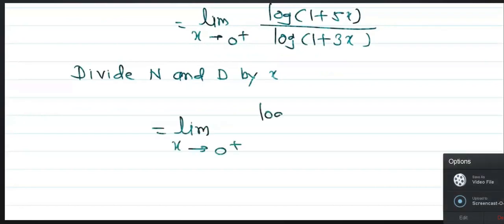Therefore, divide numerator and the denominator by x first of all. कारण की त्याचा स्टँडर्ड रिझल्ट काय आहे की limit x tends to 0 log of in bracket 1 plus x upon x, the value is 1. आणि म्हणून आपण न्यूमरेटरला आणि डिनोमिनेटरला x ने डिवाइड करणार आहोत.